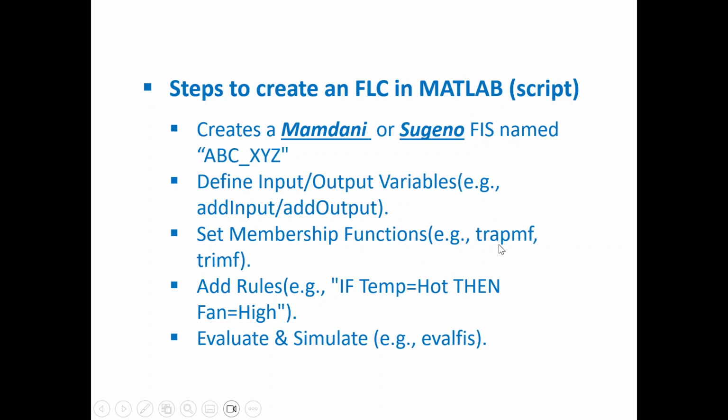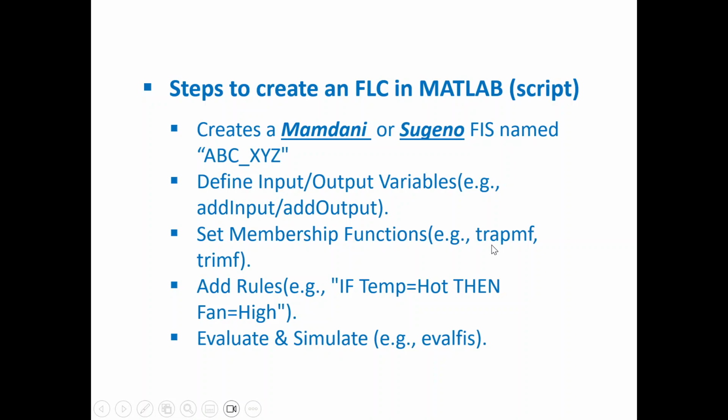You can still make use of a triangular shape, and that type of membership function is referred to as the triangular membership function. The command for the trapezoidal membership function is trapmf, and the one for the triangular membership function is trimf.